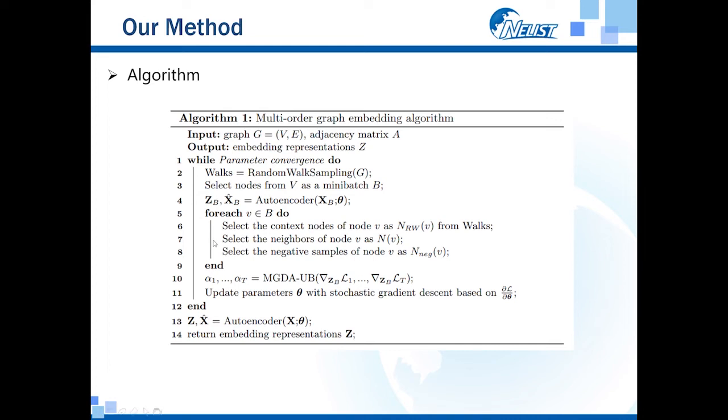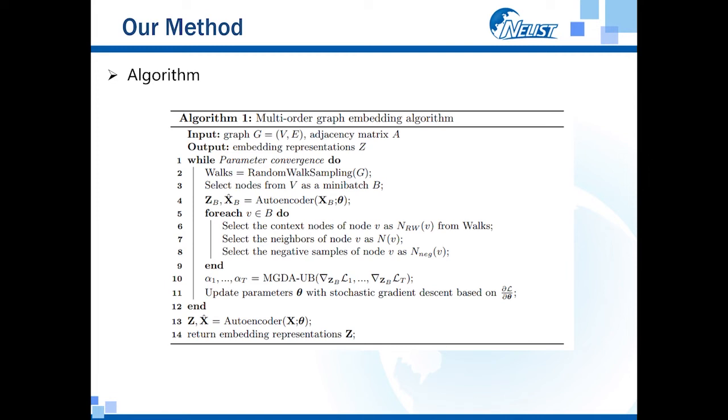Then for each node v from B, we select the context nodes of node v from the walks. Then we select the neighbors of the node v. Then we will select the negative samples of node v.